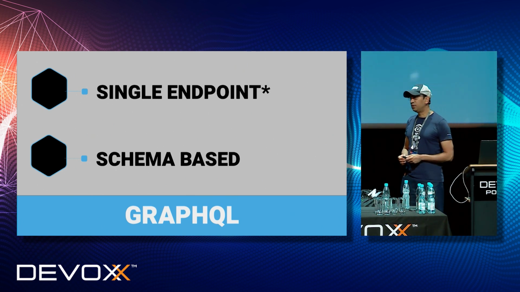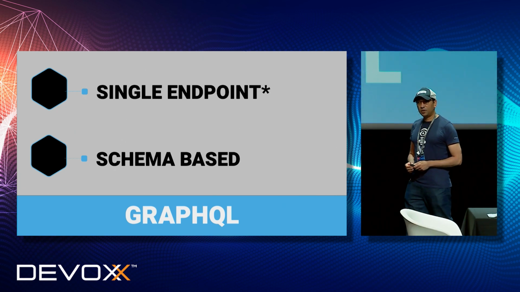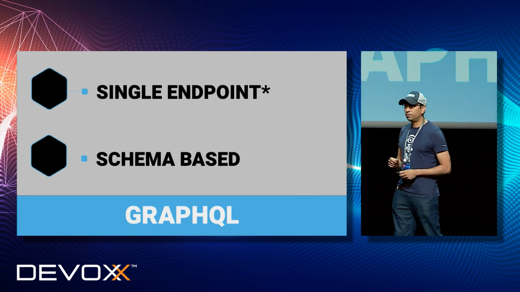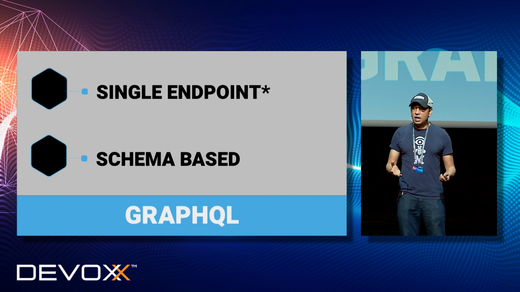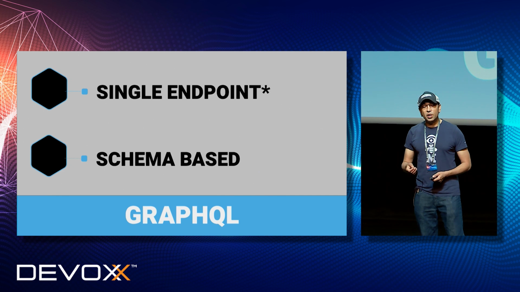And the other thing around this is, unlike REST, GraphQL is schema-based. So we actually have to produce a schema as a developer, right? So we actually have to go and say, this is what our schema for our GraphQL API looks like, and we have to write that schema. Well, we don't have to write it.